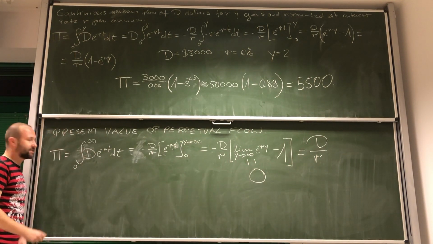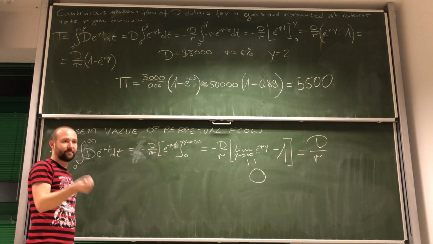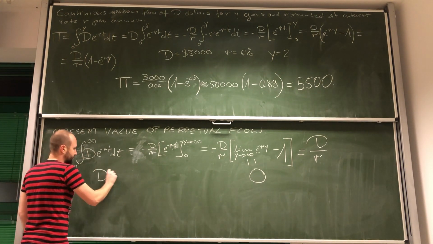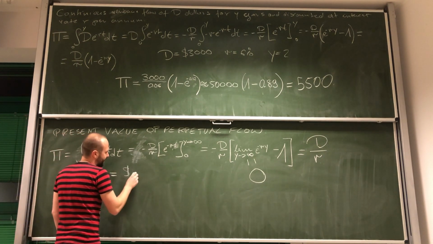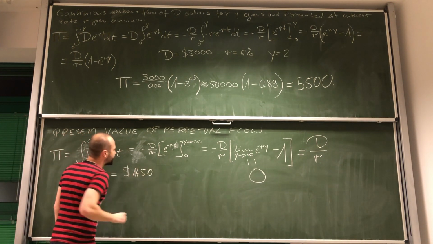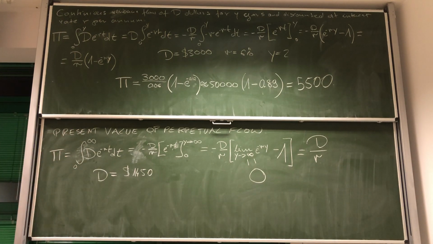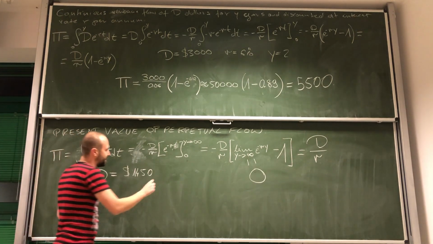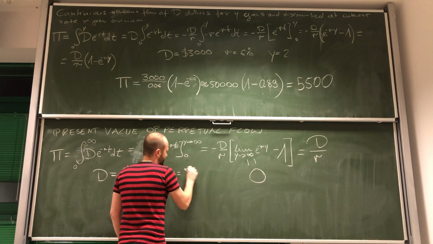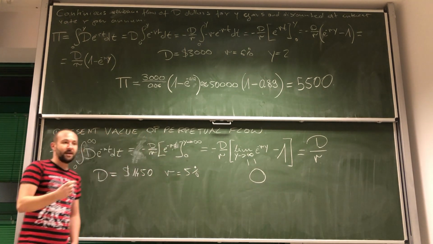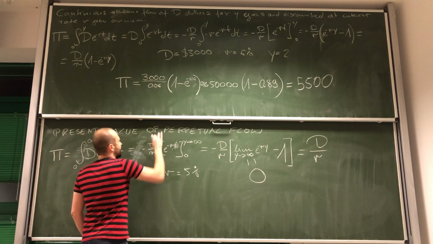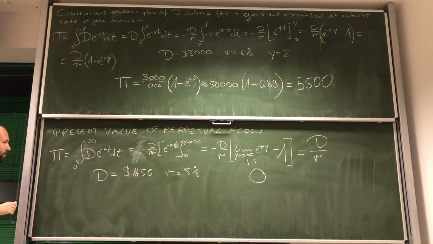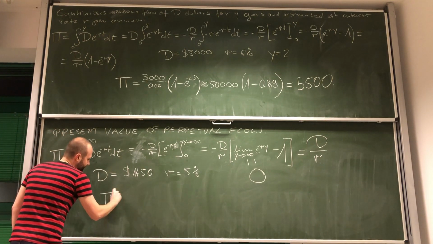Okay, so now let's just say that you've got a piece of land and you can rent it. Let's say this is a cheap land, so you can rent it only for $1,450, and the interest rate is 5%. Now, what is the present value of a perpetual flow? Well, this is extremely easy to calculate.